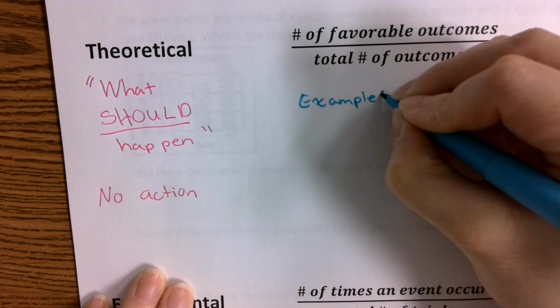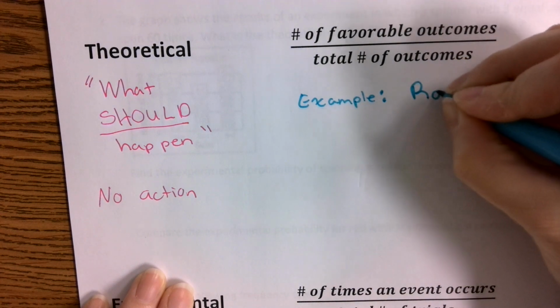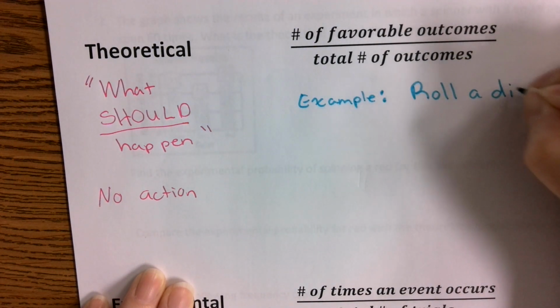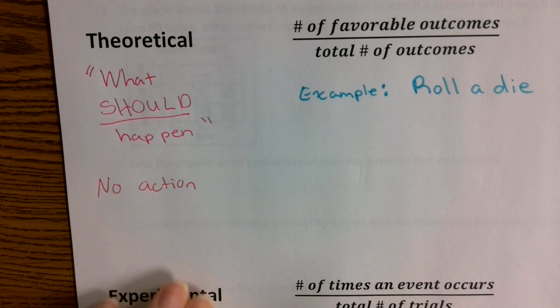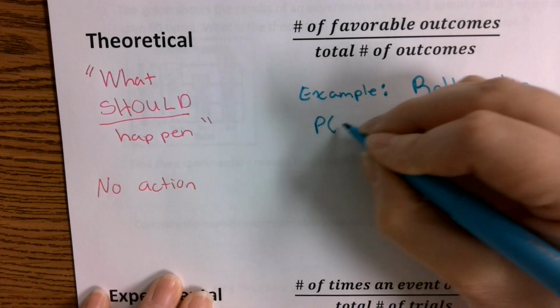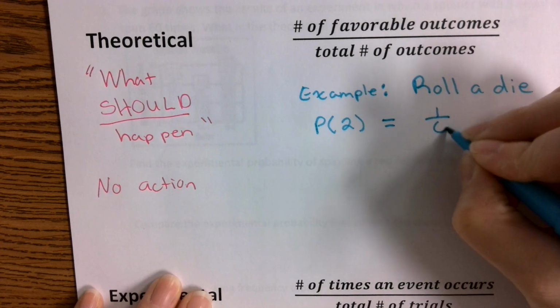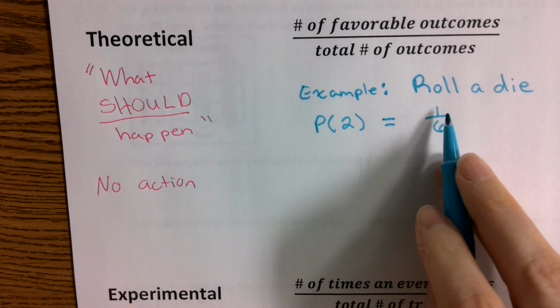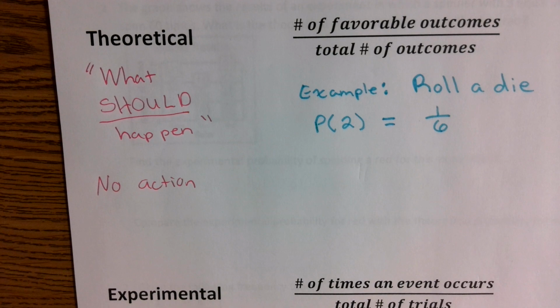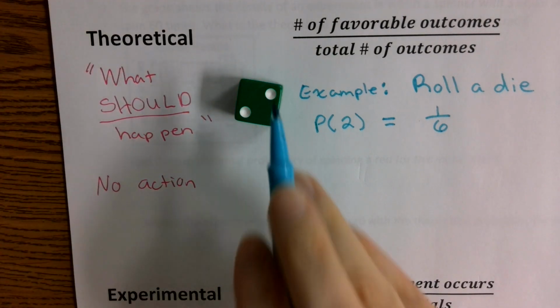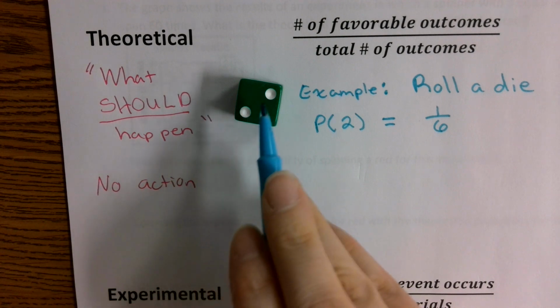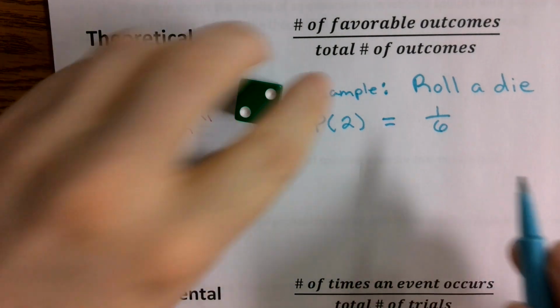So for example, if I roll a die and I want the probability that the die is going to land on the number 2, that's going to equal 1 out of 6, because there's only one face on this die that has the value 2 on it out of 6 different sides.